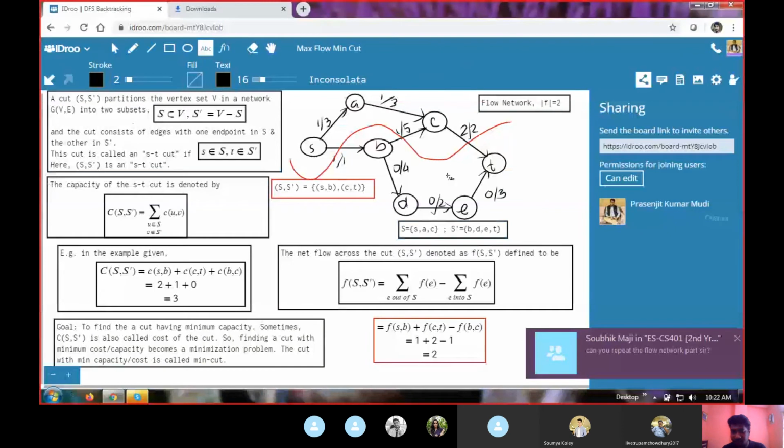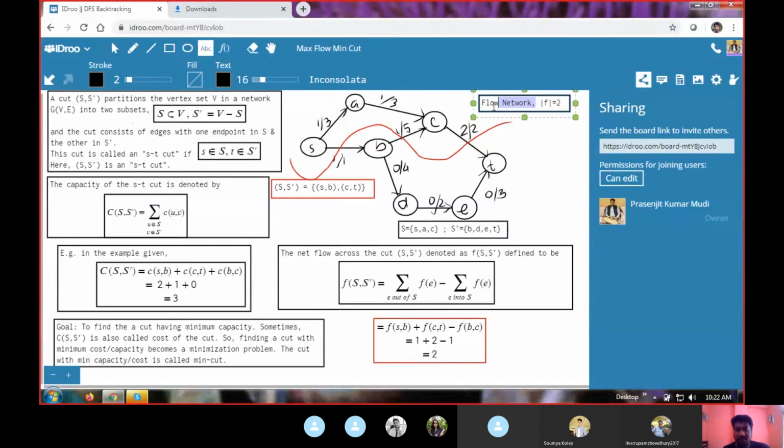Flow network, you understood, we have covered the flow network in the last class. What is a flow? In a given network, the flow means the sum of all the flows of edges outgoing from the source vertex. So the outgoing edges from source are S to A and S to B, right?